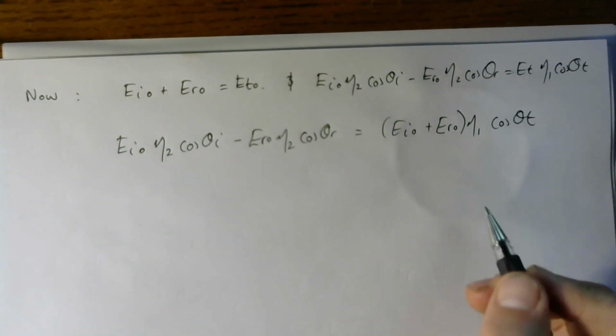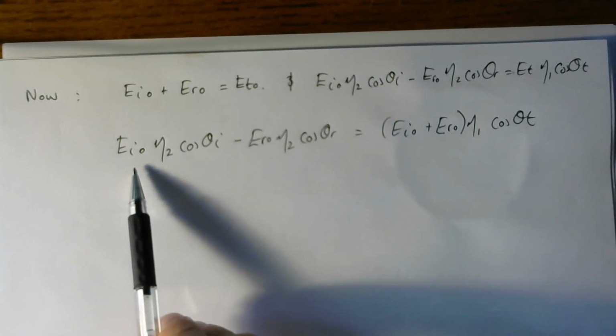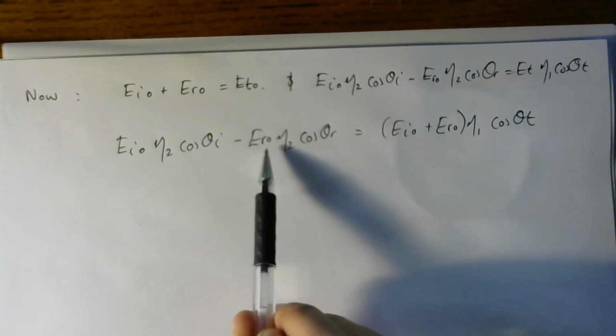And then I can simply group all my EI0 terms, and all my ER0 terms.